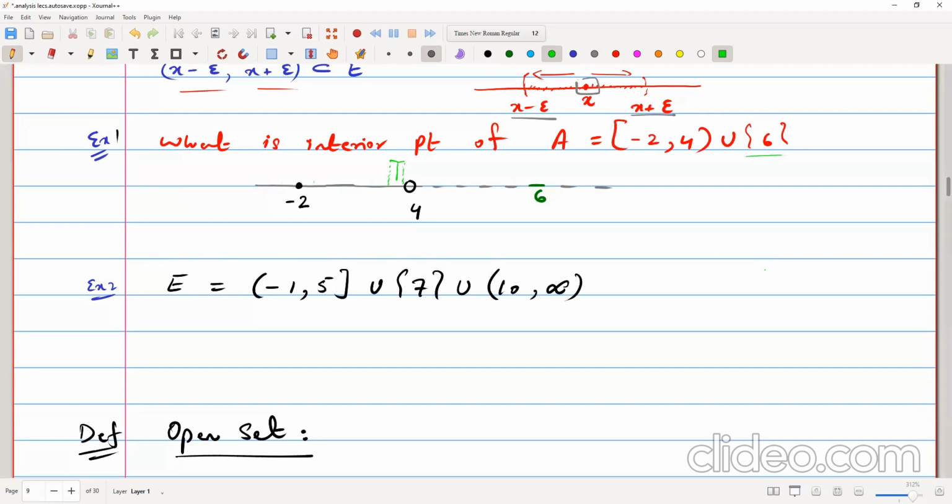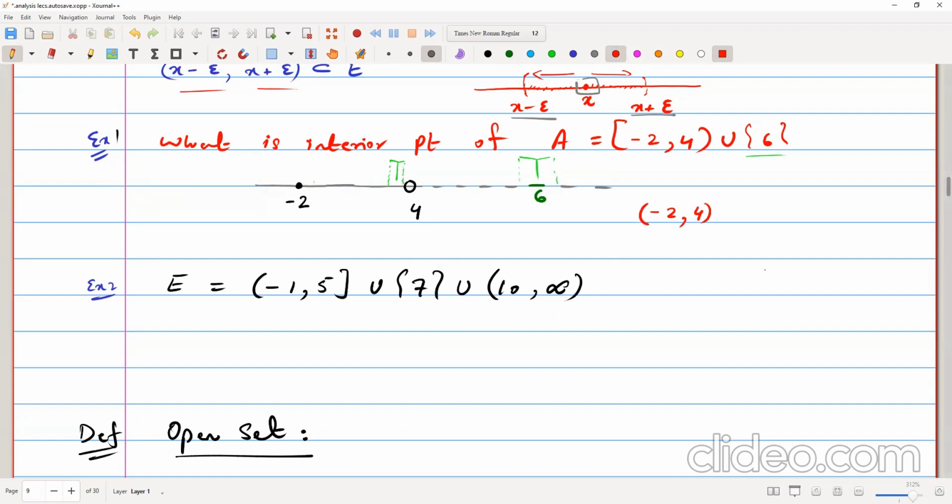And this singleton 6, again, if we stand on the singleton 6 and we want to expand, then again we are going outside, because 6 is a singleton element and no other elements are in the neighborhood of 6. So again, this does not work for 6. Now we can say something about the interior points of this set. The interior points of this set are simply -2 to 4 open, right?